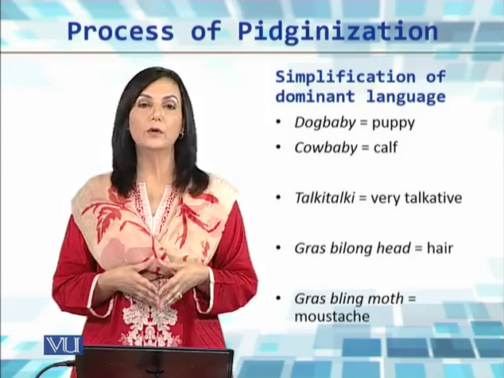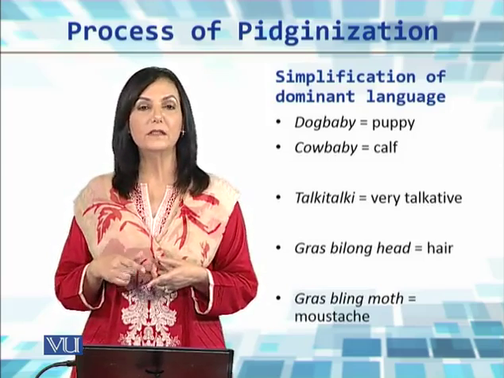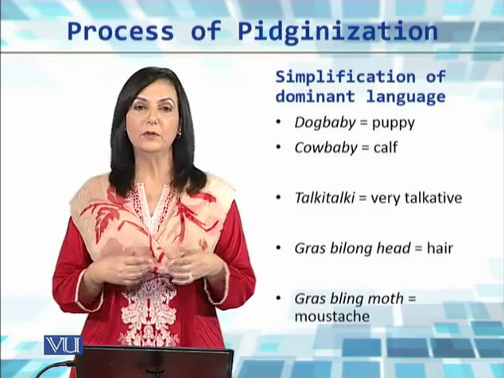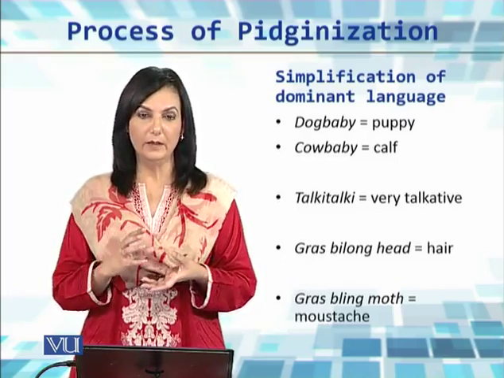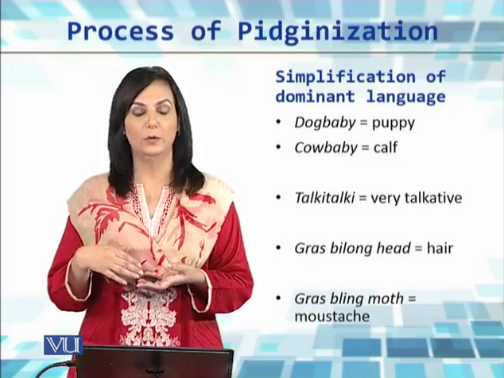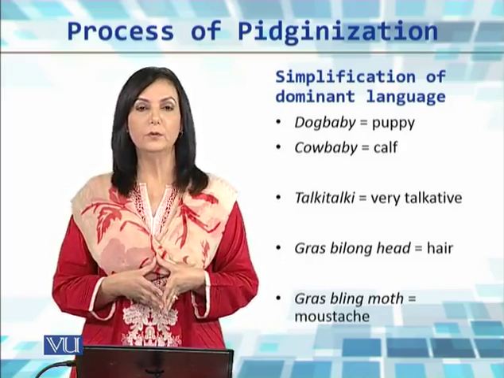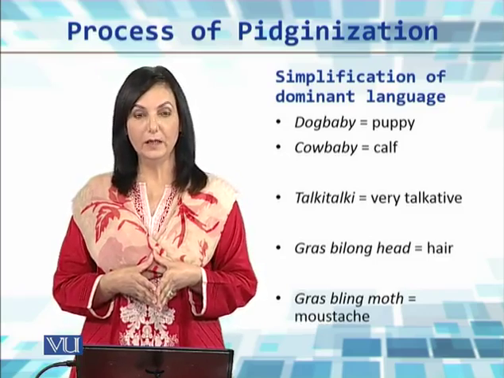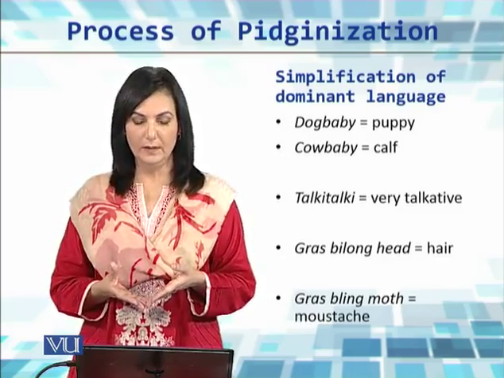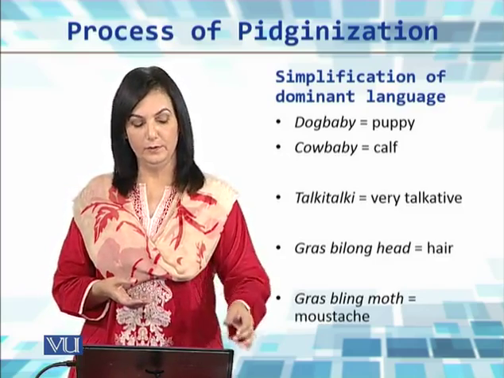Similarly, pidgin languages use a lot of circumlocution. If they do not have a word to express a certain meaning, they will say the same thing in a roundabout way. So, to refer to hair, they would say "grass belong head," and to refer to mustaches, they would say "grass belong mouth," meaning mouth.